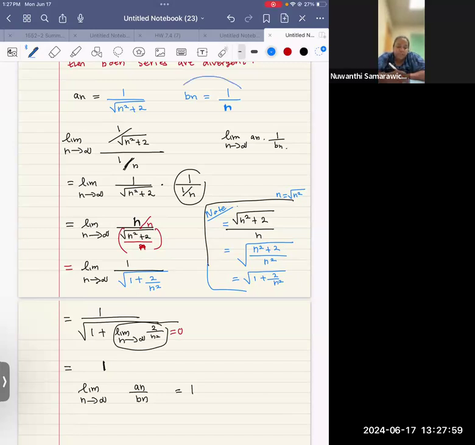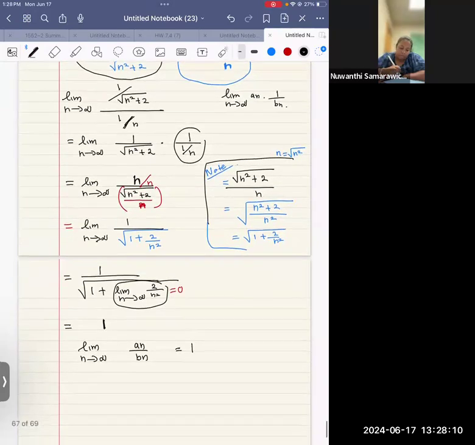Because we showed this is divergent. What can you say about this series by the limit comparison test? By limit comparison test, good. So it is divergent. So 1 over square root of n squared plus 2 is divergent.